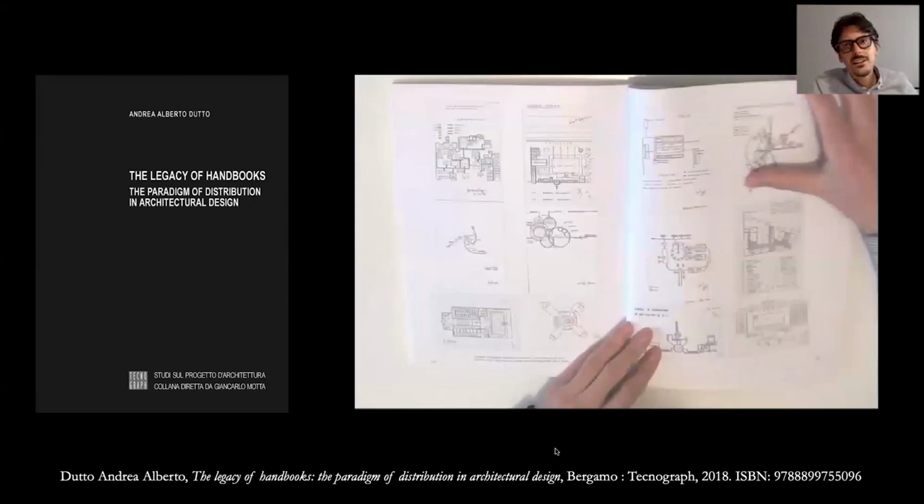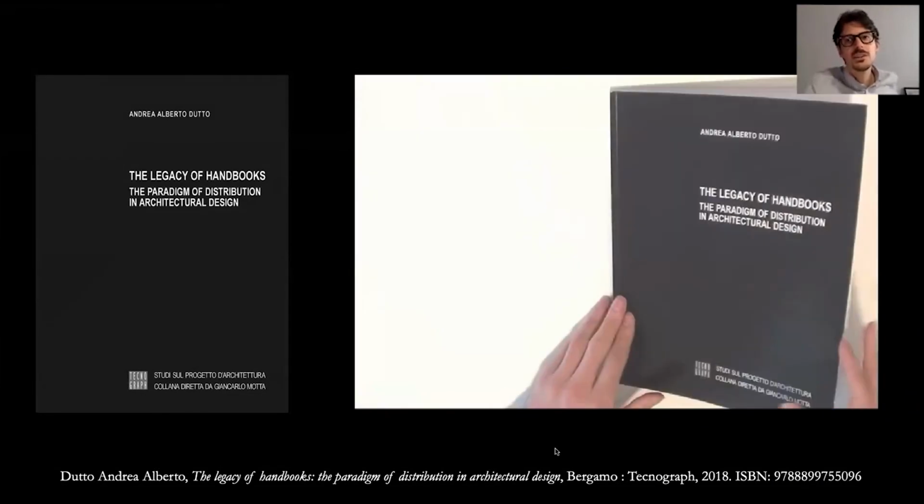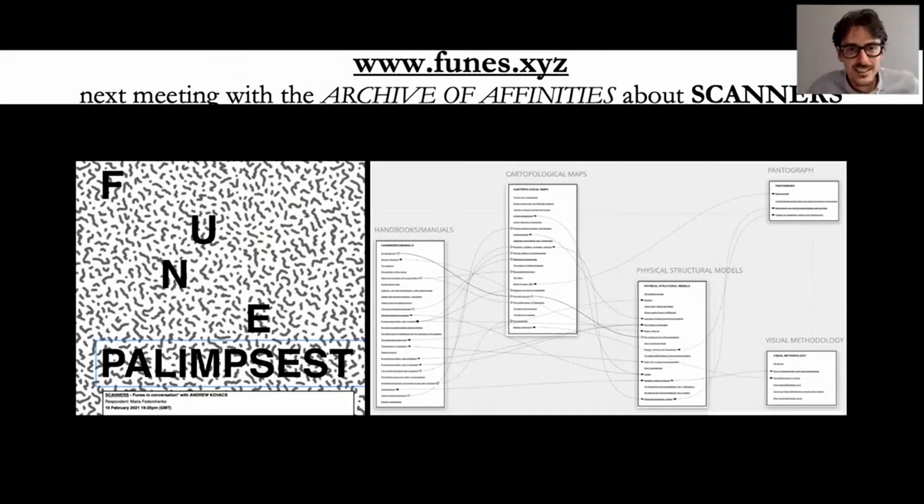And then the final advertisement, which is very important to me, is that we are trying to build a network to discuss these subjects. With this platform called Funes, we are trying to understand if these tools and this knowledge, very much related to the making of architecture, can become a source of debate nowadays in order to provide architecture with an upgrade.